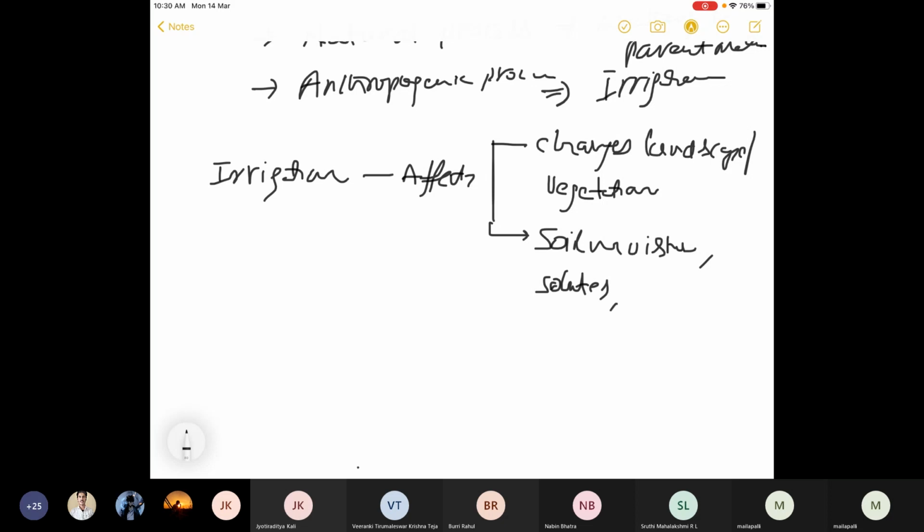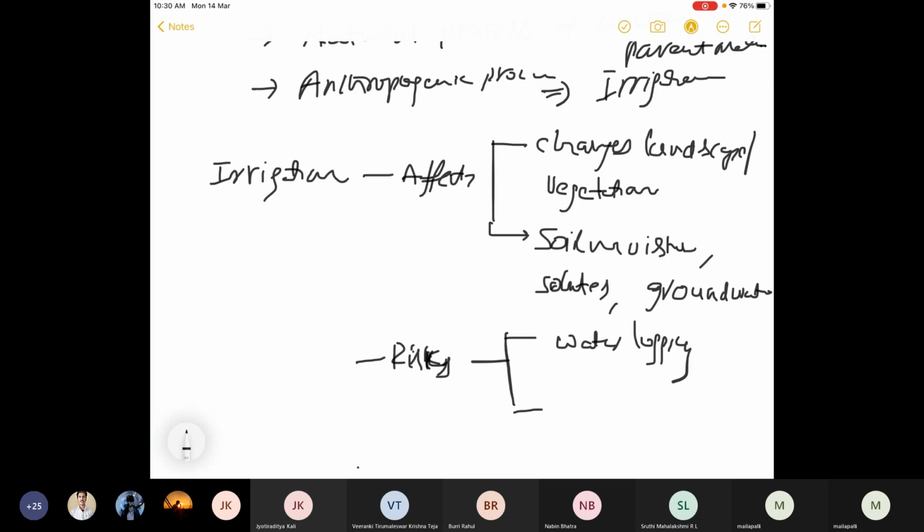Okay, and then also it affects the groundwater. So these are the effects, but at the same time, there are risks also. I already mentioned what the risks are in my explanation. There are two risks: one is waterlogging and the other is salinity.